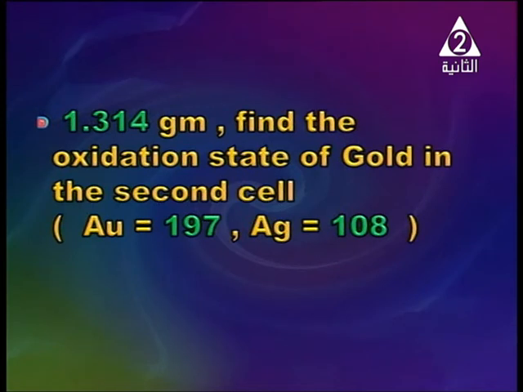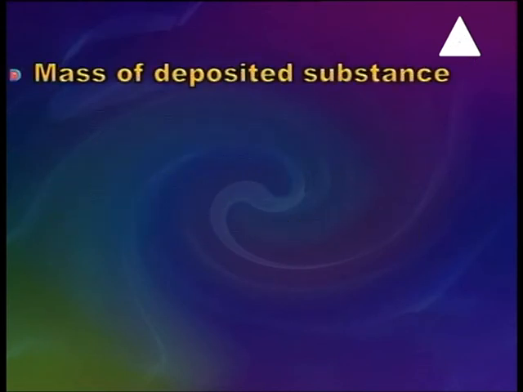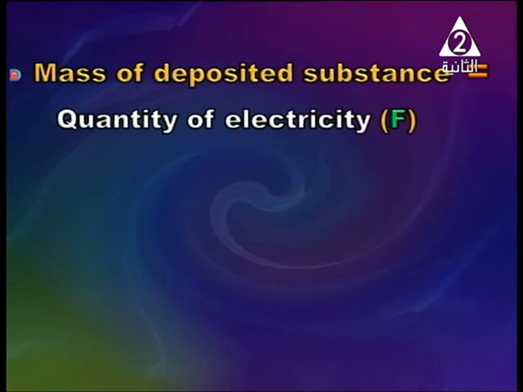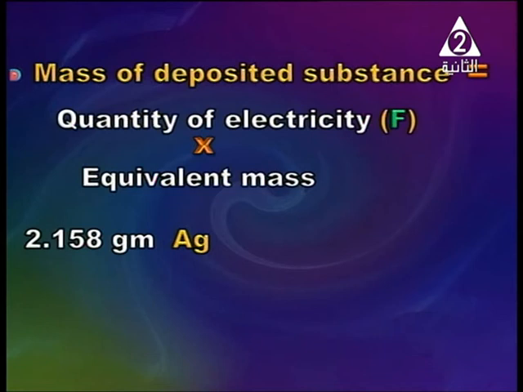To calculate the oxidation state, we want to know the valency of gold in the second cell. So, as we know, the mass of the deposited substance equals the quantity of electricity in Faraday times the equivalent mass of the substance.